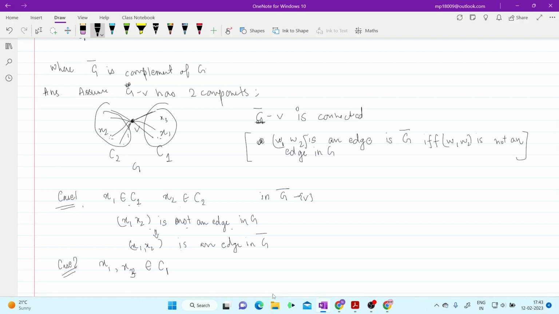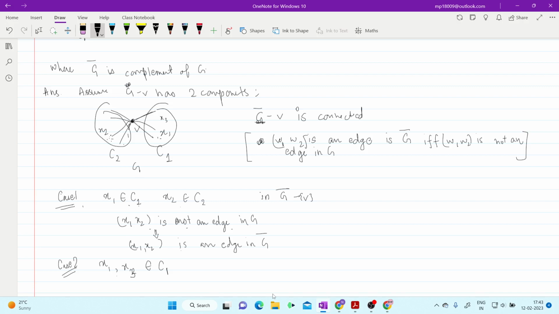Since x1 and x3 are belonging to the same component, there is a path between x1 and x3 in G. And from case 1 we have shown that if we have one vertex in C2 and one vertex in C1, x1 and x2 cannot be an edge in G, but hence it has to be an edge in G bar.